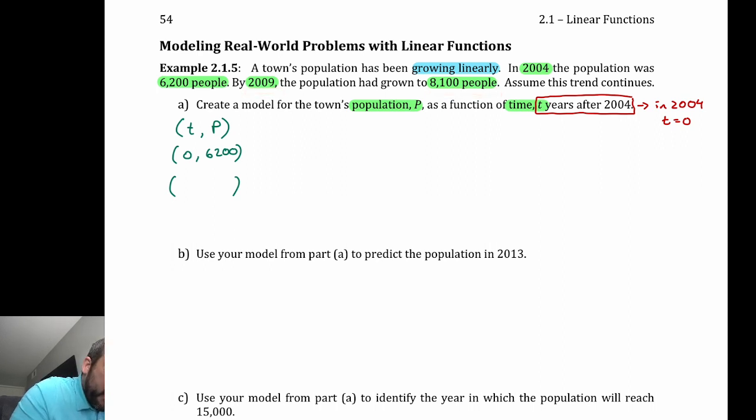Well, I know that my population is going to be 8,100, but what is the T when the year is 2009? So if T starts at 0 in 2004, what's the T going to be in 2009? 5? Yeah, so that's 5 years later, right? So 2004 is 0, 2005 is 1, 2006 is 2, 2007 is 3, 2008 is 4, and 2009 will be 5. So time will be 5 when the population is 8,100.